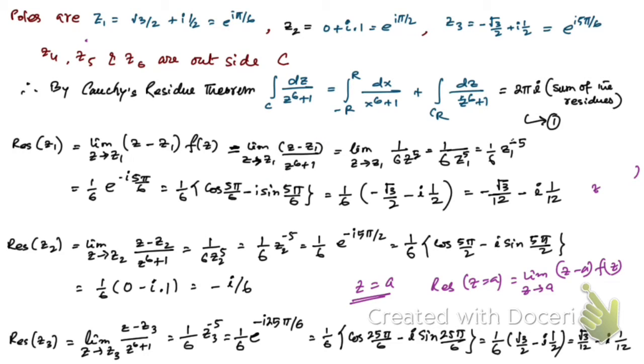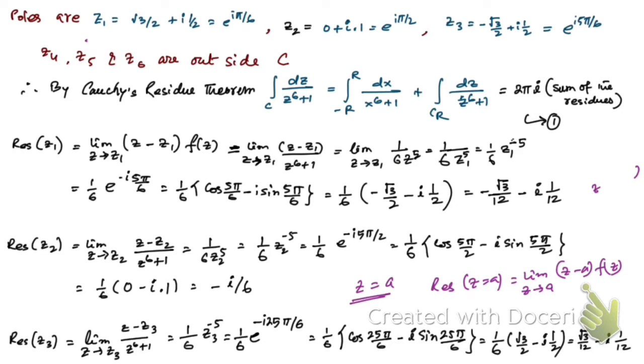If you differentiate this numerator with respect to z, you're gonna get 1, because the derivative of z1 is gonna be 0, derivative of z will be 1, and derivative of this part gonna be 6z to the power 5, right?